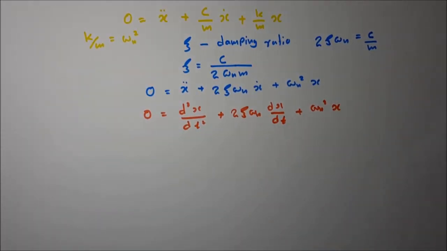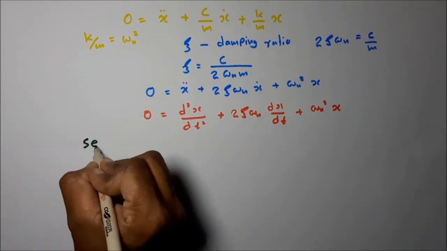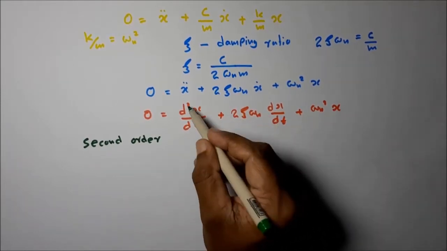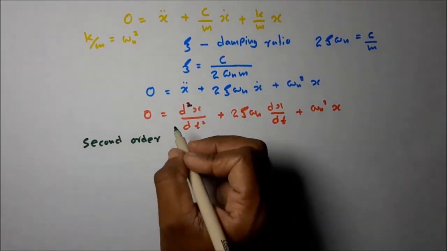You can see it is a second order ordinary homogeneous constant coefficient type differential equation. Why second order? The highest derivative is 2. That's why it's called second order.